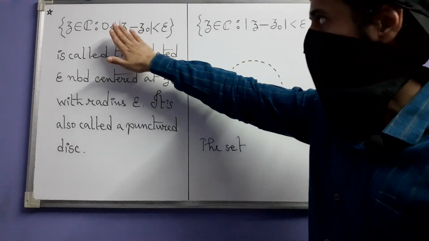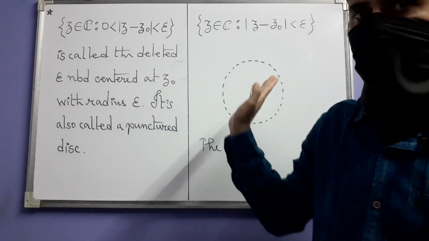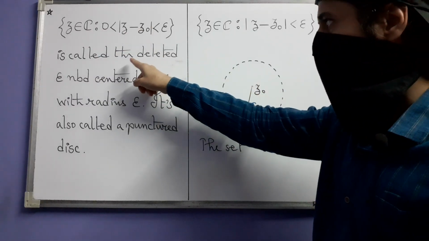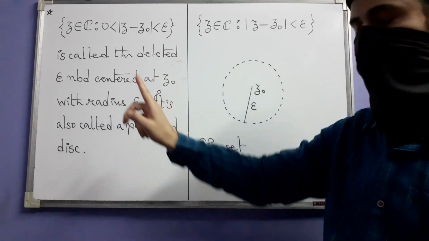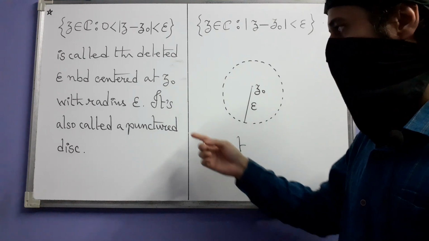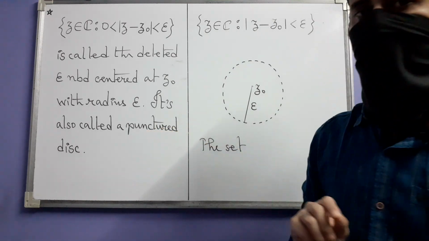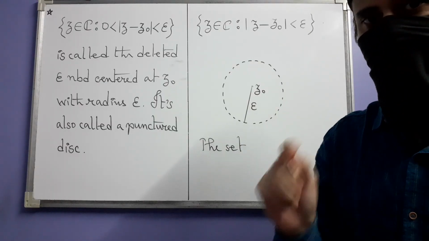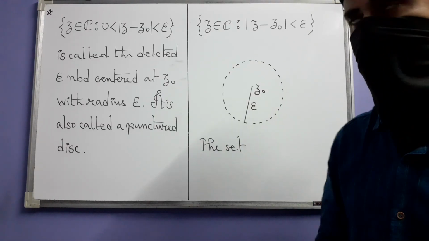However, in this set, which is different from this one, that point is not there. So it's called the deleted neighborhood centered at z0 with radius epsilon. And it has another name also. Sometimes we call it a punctured disk. It has been punctured here at the center. The central point is not there.